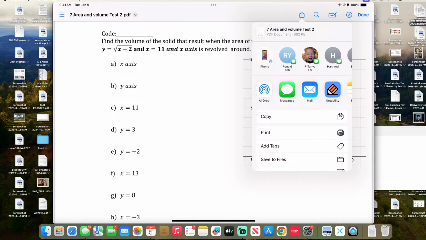Y equals f of x. Yeah. Y equals, from, and then x.